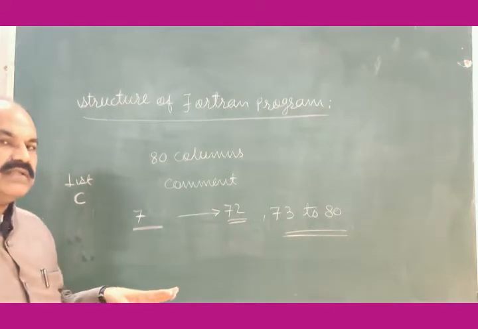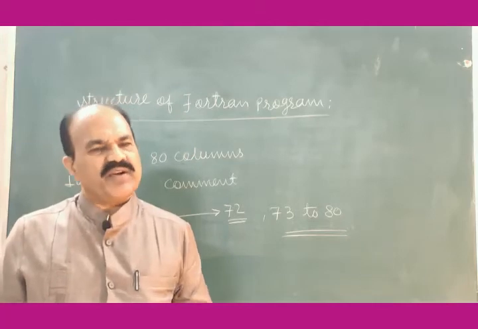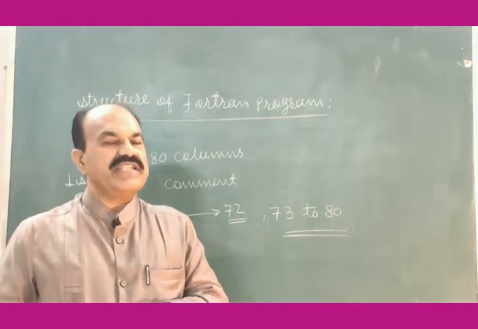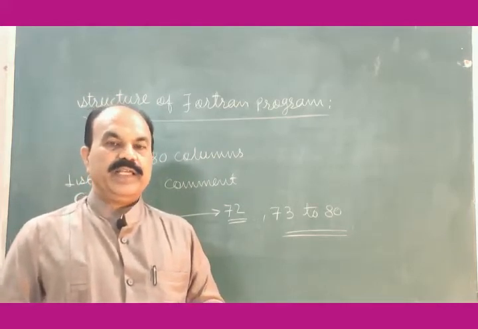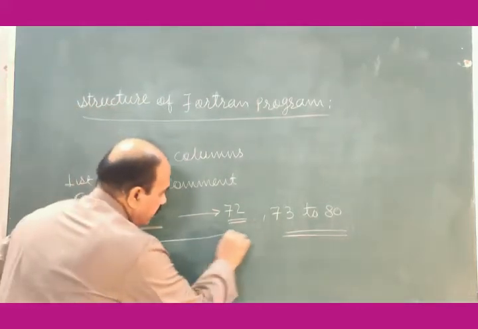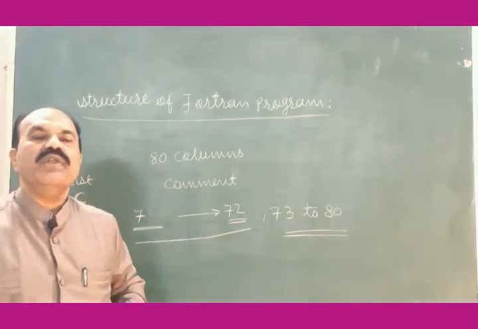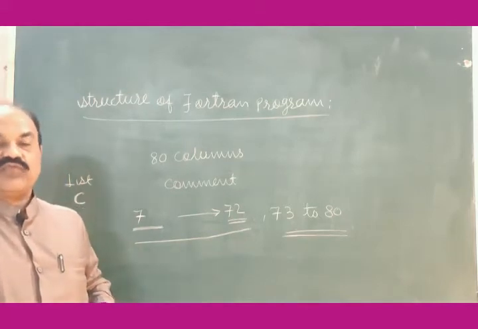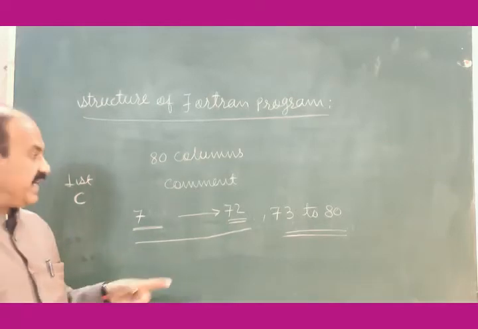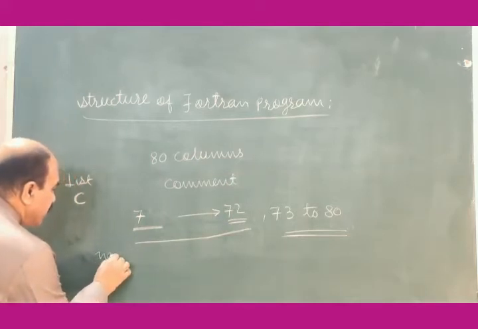Let us suppose that not all Fortran program instructions are too long. Some of the Fortran instructions, some of the Fortran statements may be long. If the Fortran statement is long, this much space will not be sufficient for that particular statement, and you need to continue the same statement on the next line.